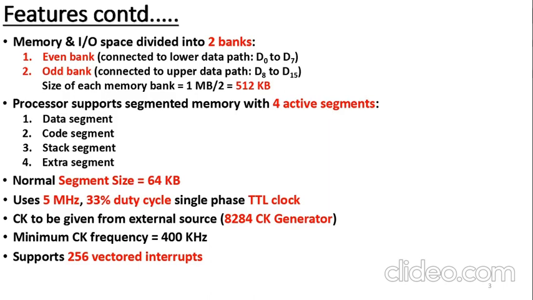That is the concept of vectored interrupt. The processor branches to a fixed, predefined memory address called the interrupt vector address upon receiving that particular interrupt. Such interrupts are called vectored interrupts.